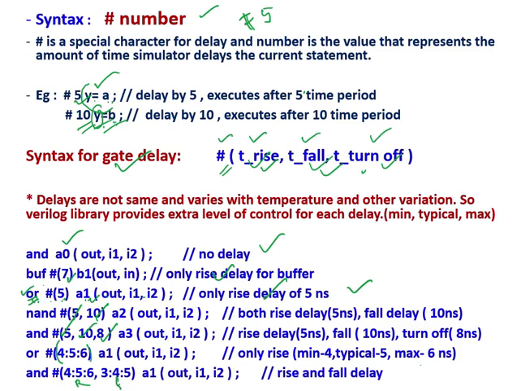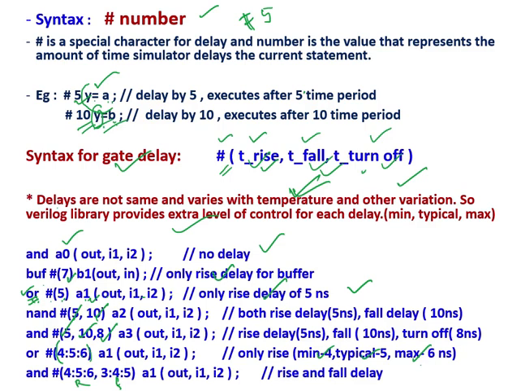Okay, so see, delays are not the same all the time, and they vary with temperature, and at different corners of your IC the temperature may be varying. So it also depends on temperature and some other parameter variations, so it is not the same. So what Verilog did, Verilog provides an extra level of control for each delay, and that is one of the reasons for all these 4 colon 5 colon 6 and this minimum, typical and maximum.